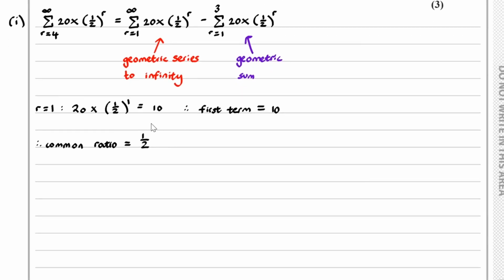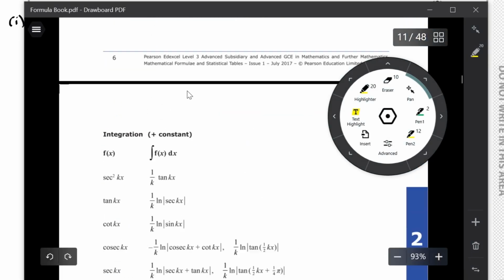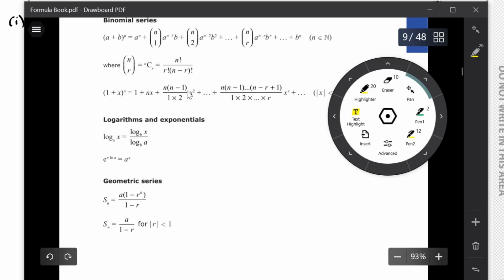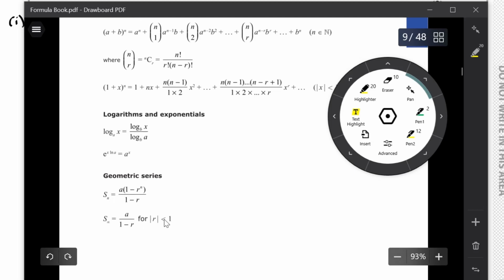So when we come to find out this geometric series bit to infinity, what we have over here then is the following. The geometric series from 1 to infinity of 20 times by 1/2 to the power of r. We can look in our formula book. We would have to use this formula over here.